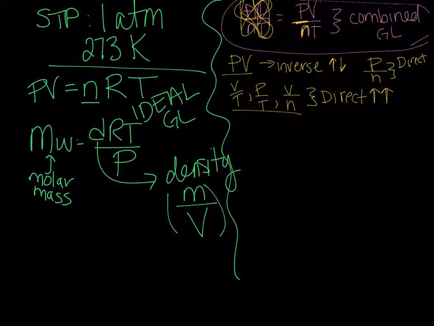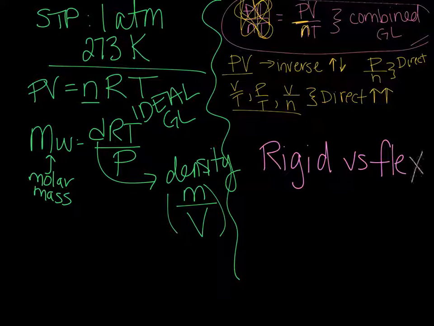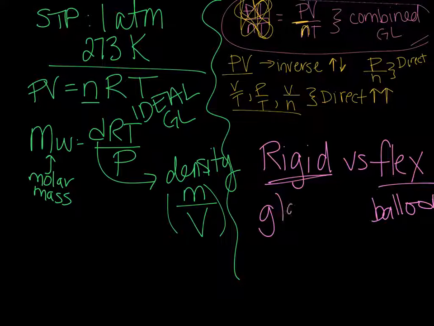One more little fact. I want you to make sure you understand a rigid versus flexible container. What's an example of a flexible container? A balloon, right? A rigid container, what would that be then? A glass bottle is fine.